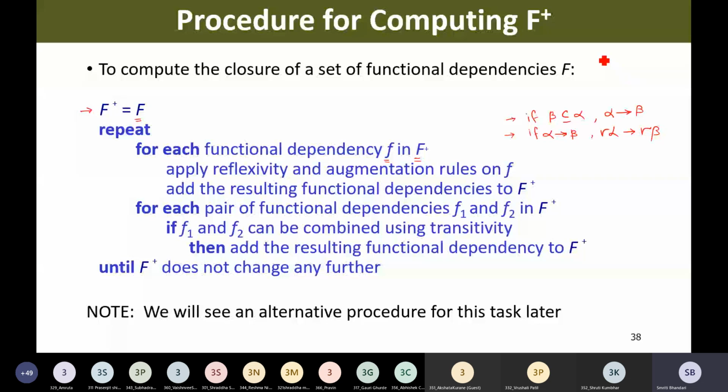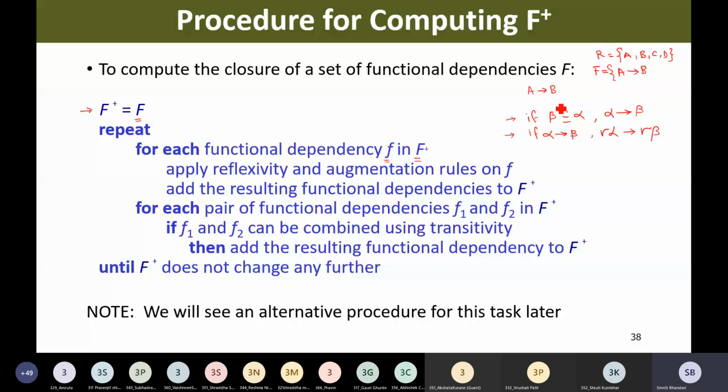How are we going to apply this? Suppose we have a relation schema R with 4 attributes, say A, B, C, D, and the first functional dependency is A to B. While applying the augmentation rule, we augment attributes to this.